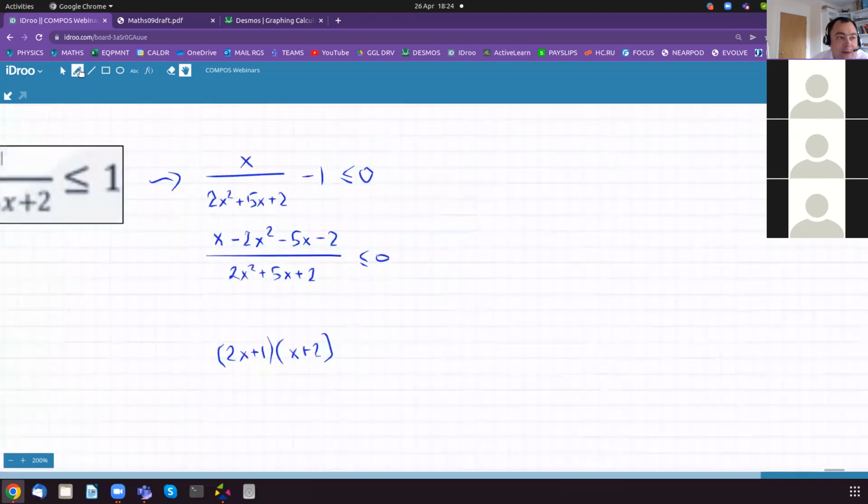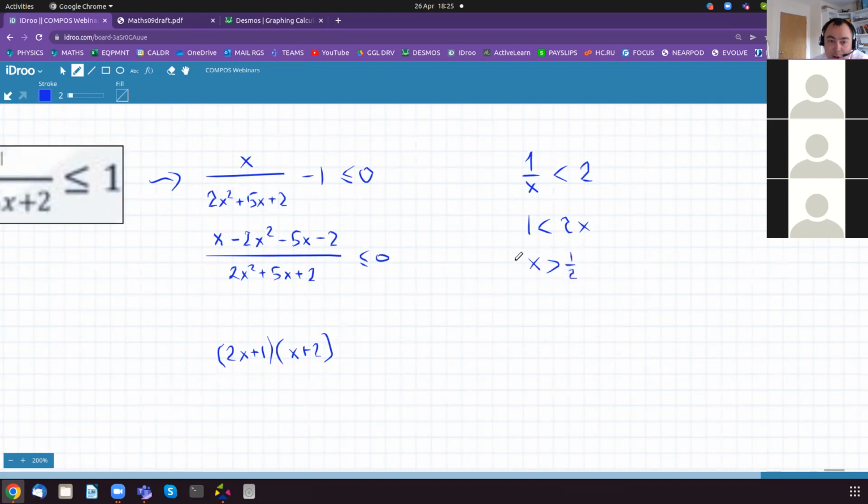Like, let's say you have 1 over x is less than 2. Now, if you multiply by x, you get 1 less than 2x, so x is greater than a half. And that's true. Any number greater than a half fits. For example, 1/3 is definitely less than 2, 1/10 is definitely less than 2.